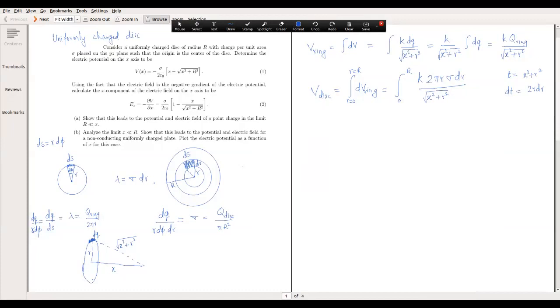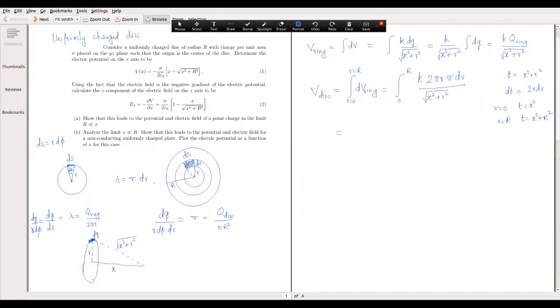We also need to know that when r is equal to 0, t is equal to x squared, using this relation here. And when small r is equal to capital R, then t is equal to x squared plus capital R squared.